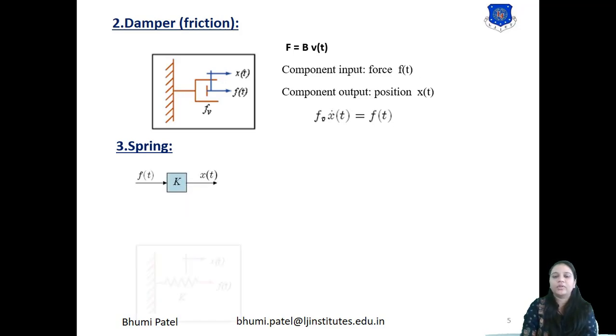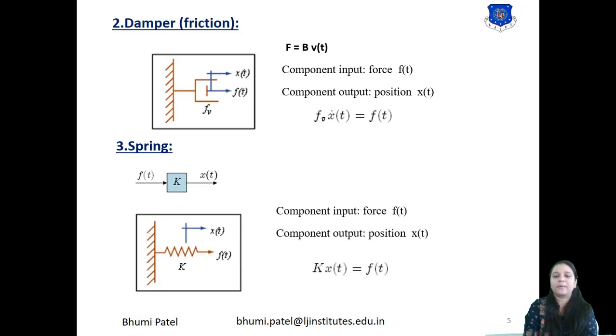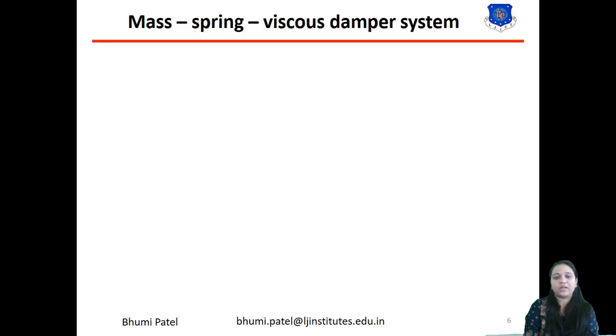So, the equation will become f(t) = Kx(t), meaning force will depend directly on x(t), where K is the spring constant, x(t) is the displacement and f(t) is the reactive force.